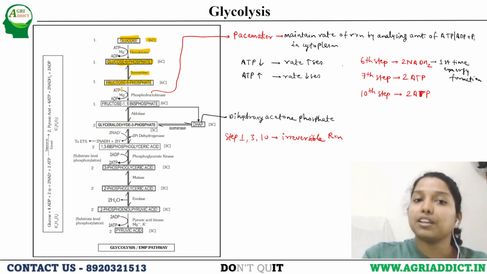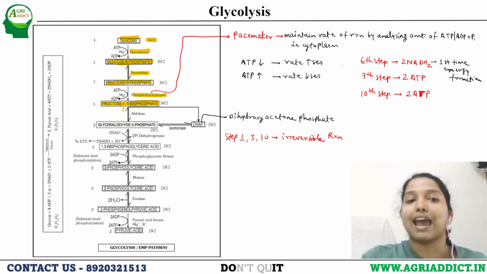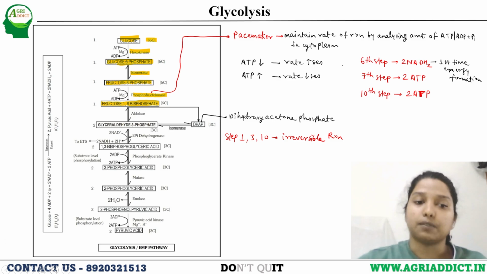Now one more ATP is being used in presence of phosphofructokinase, and a new molecule is formed, that is fructose 1,6-bisphosphate, meaning fructose having 2 phosphates, at first carbon and at 6th carbon.